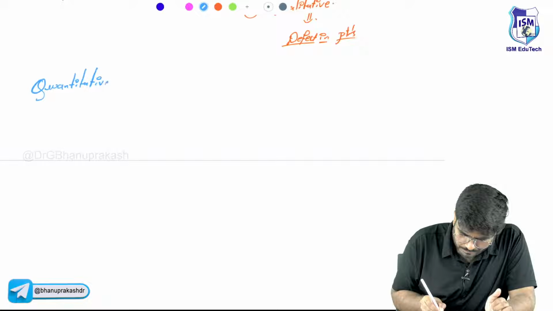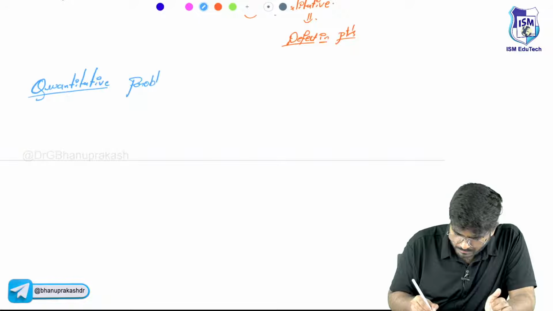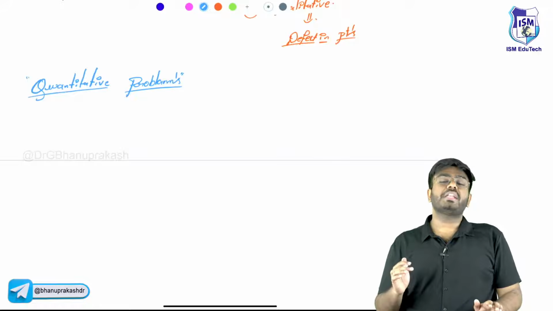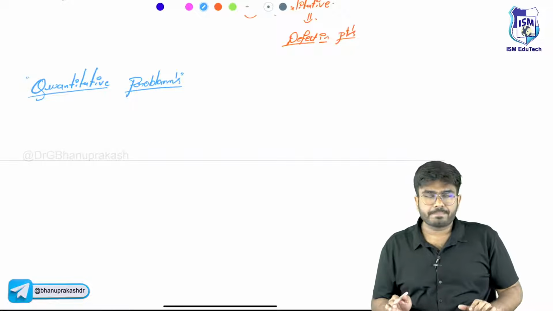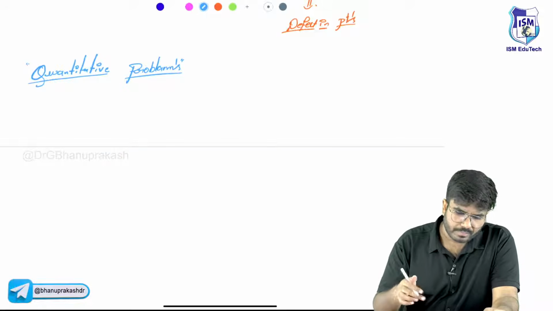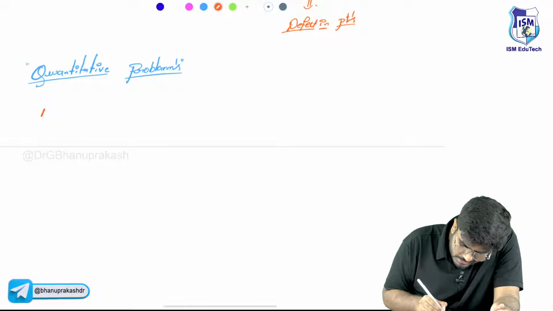So, what are the conditions in which the platelets will go down? In which conditions will you have thrombocytopenia? First, the condition that I am going to discuss is immune thrombocytopenic purpura.